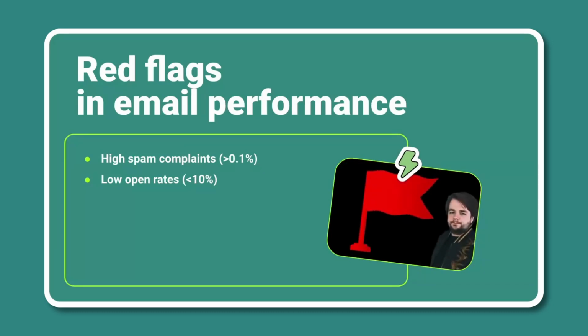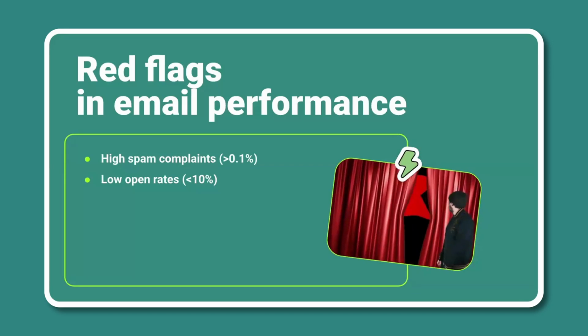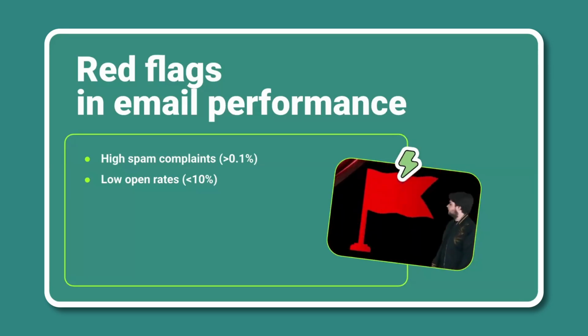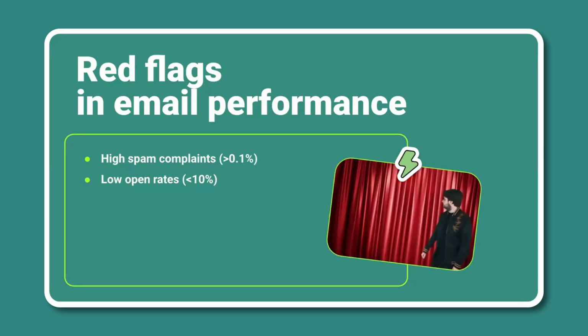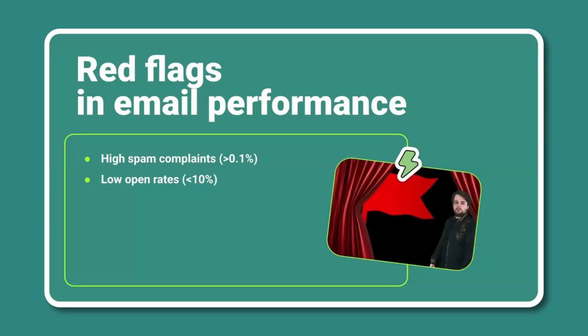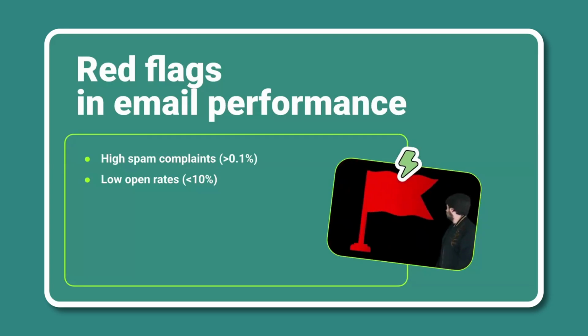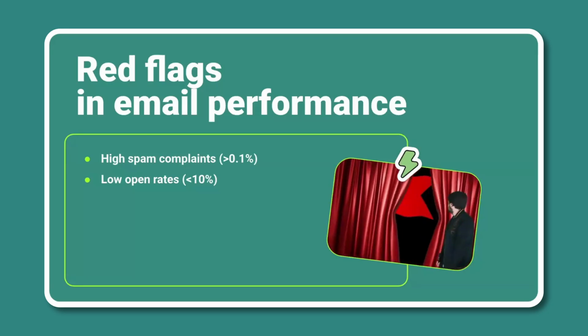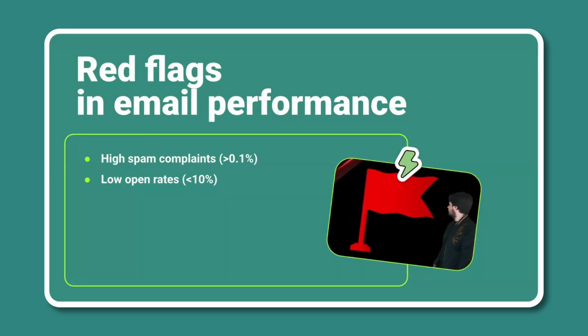A great way to figure this out is by comparing open rates across mailbox providers instead of just at the aggregate level. And here, I can advise you to go to our new reporting, go to the deliverability tab, scroll down to the bottom, and you will see a breakdown of your statistics per recipient destination.